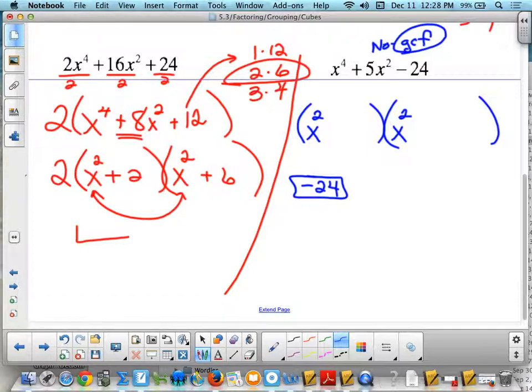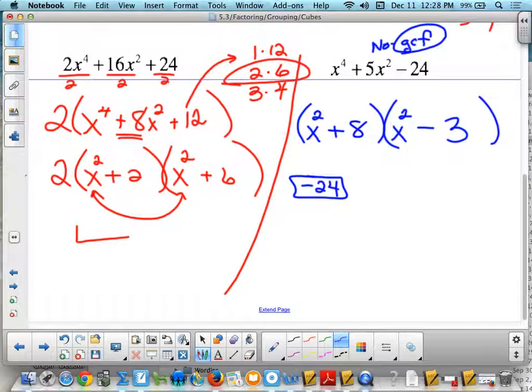Roshan, did you get 2 factors to multiply to give you negative 24 but add up to 5? I got 8 and 3. Okay. So did you put plus plus, minus minus? Plus minus. Okay, plus what? Plus 8 minus 3.